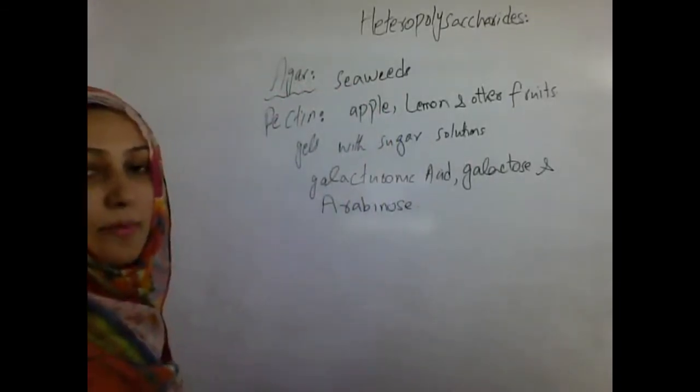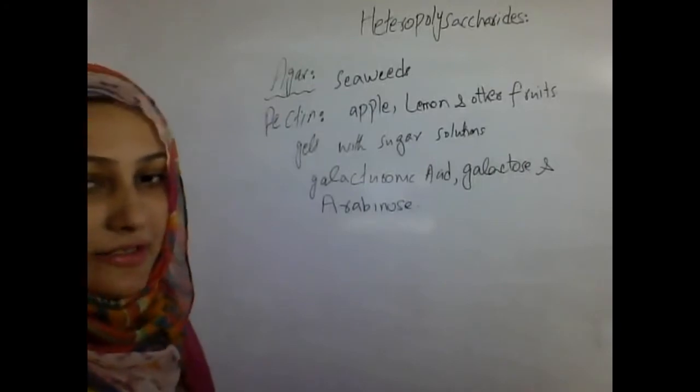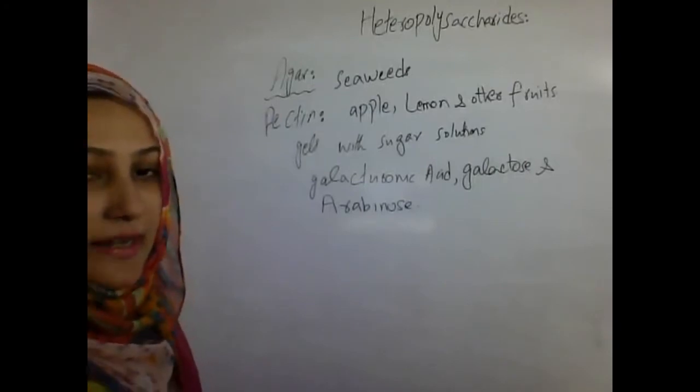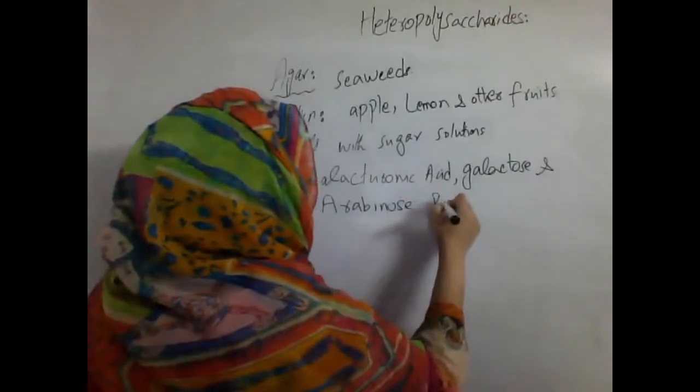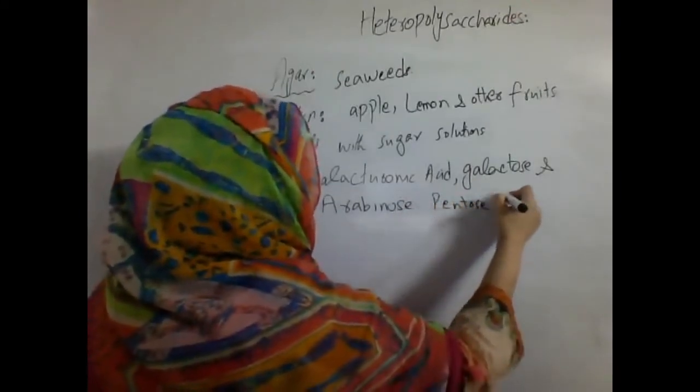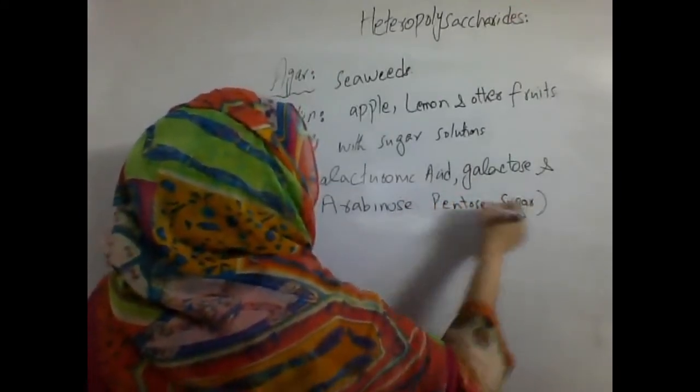Pectin is a polymer of galactonic acid, galactose, and arabinose, the pentose sugar.